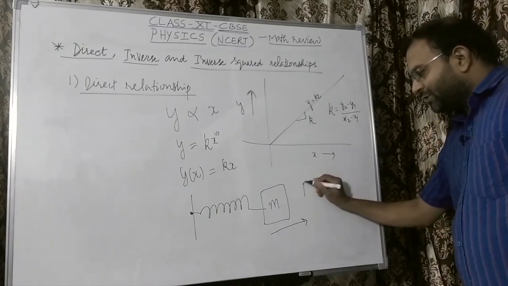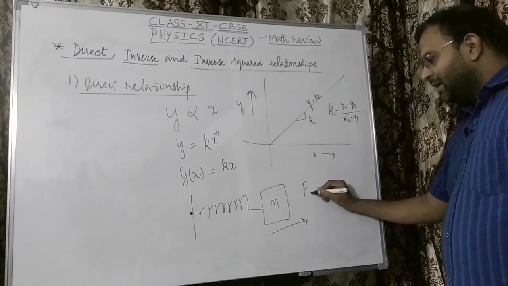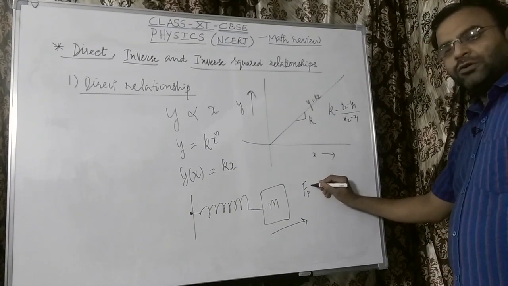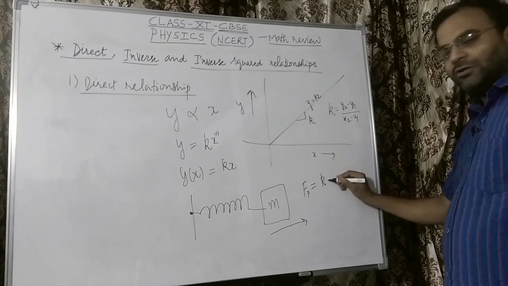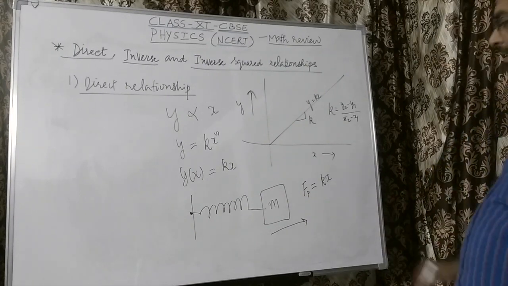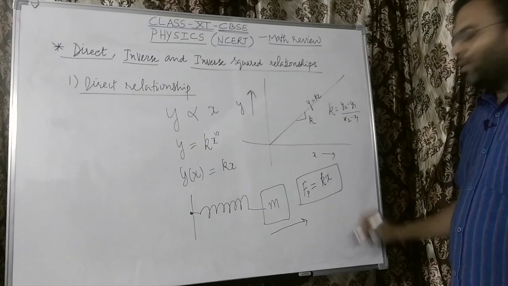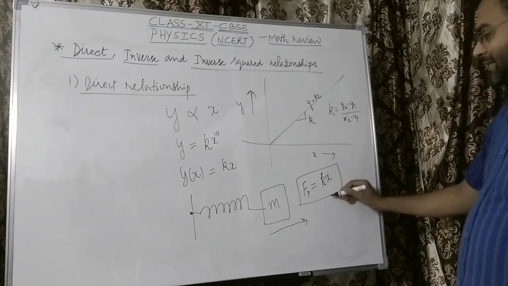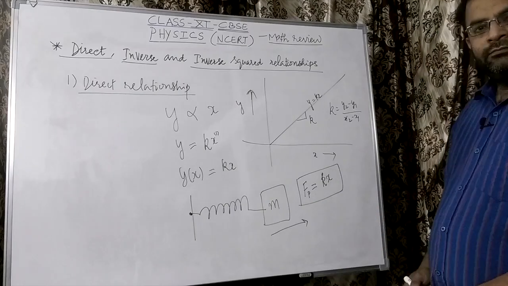Now, the force on this spring is the pulling force, and this force is equal to some constant k, which is called the spring constant, times the distance to which the spring is extending. So, this is a very well-known expression in physics, a very good example of a direct relationship.